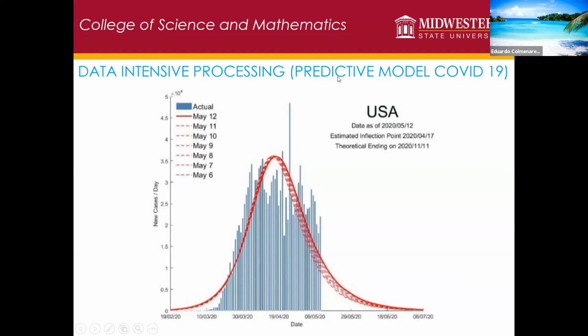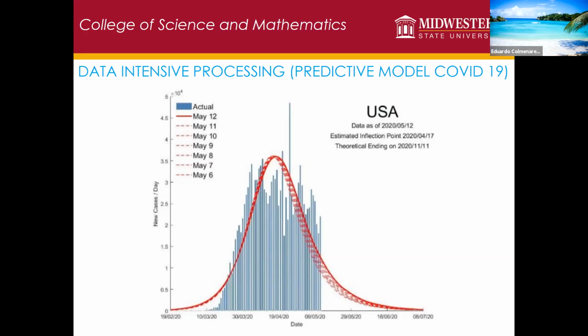Predictive means something like this. Predictive means based on the current information that I have been able to identify this particular trend. If current conditions remain the same, then we can predict this. That's what a predictive model means. So according to this model, the theoretical ending of this infection for the United States is going to be November 11, 2020.